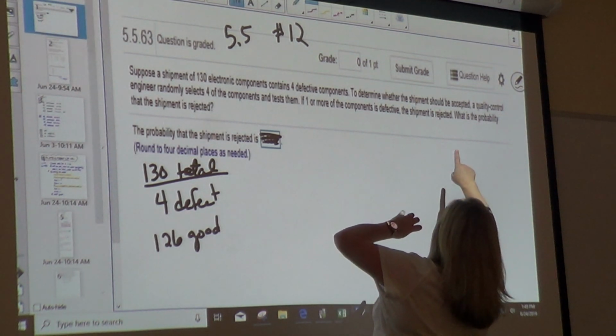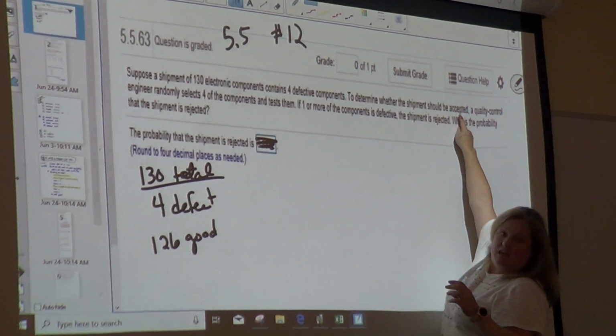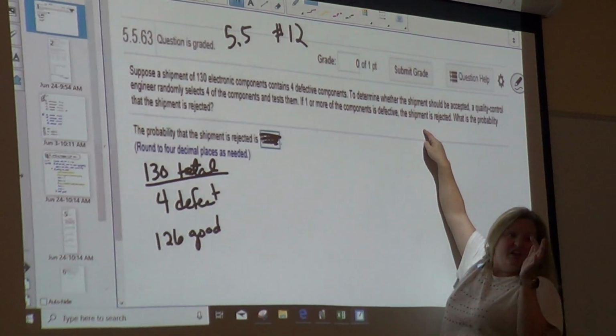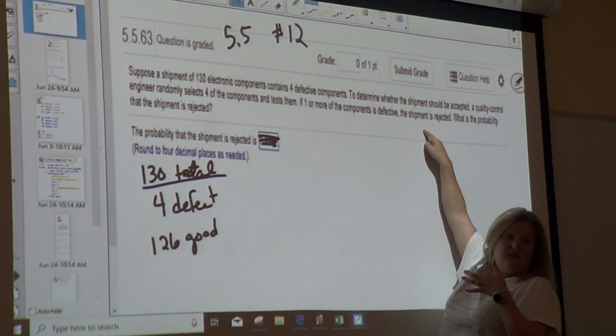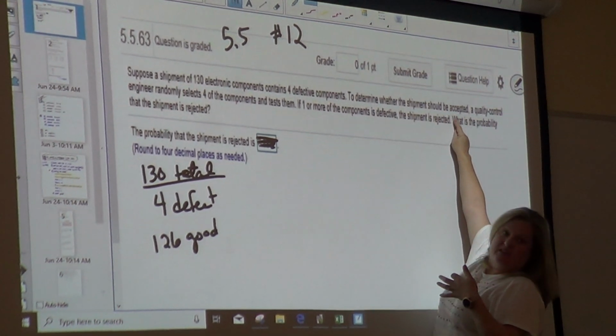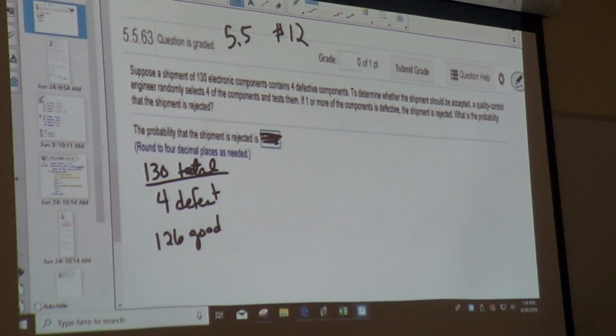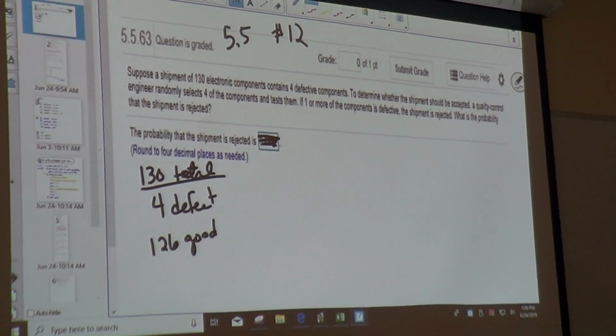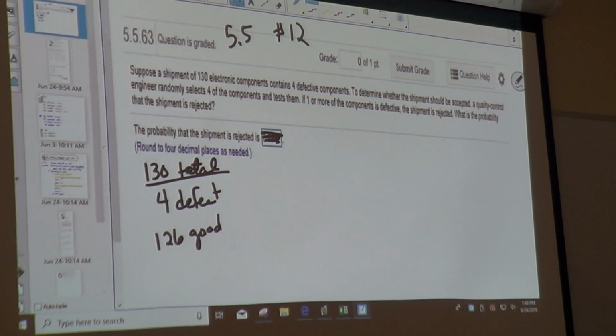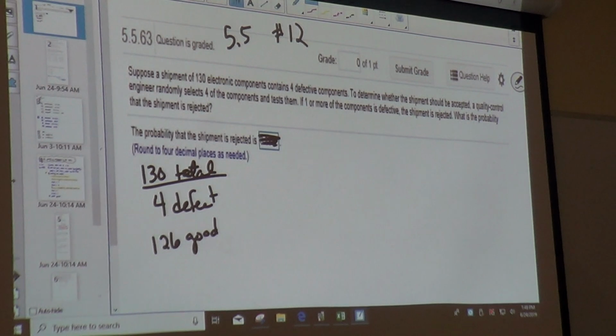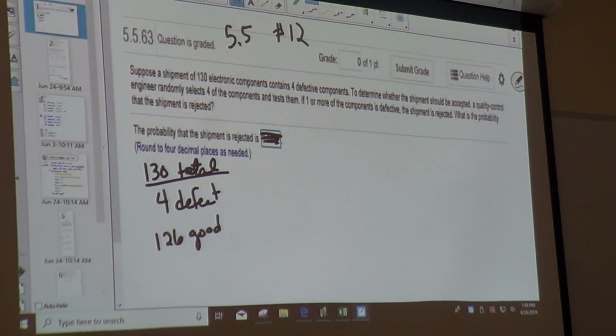So, this is accepted and this is rejected, so that's why I did the 1 minus. I started out by doing the accepted. So you do it the same way, you just have to do the 1 minus.